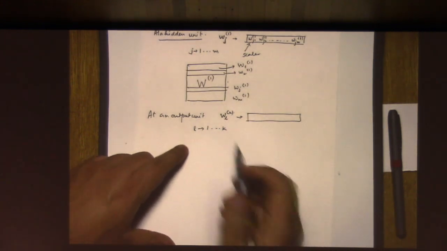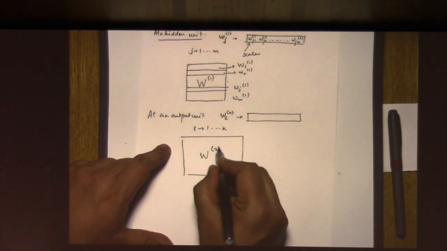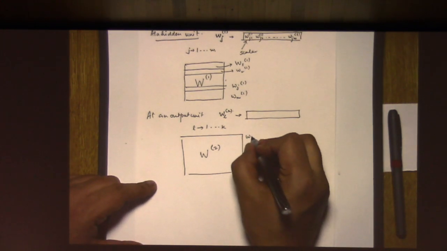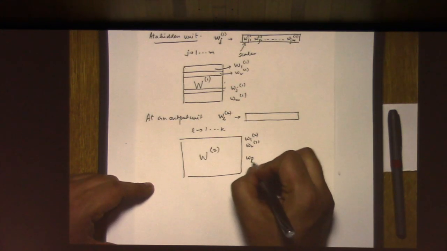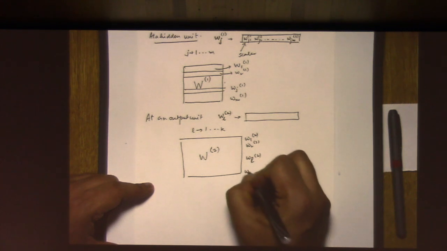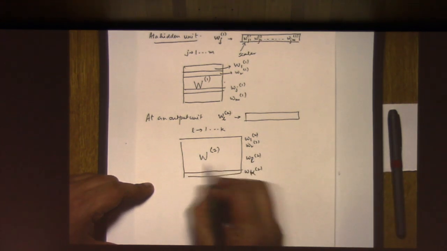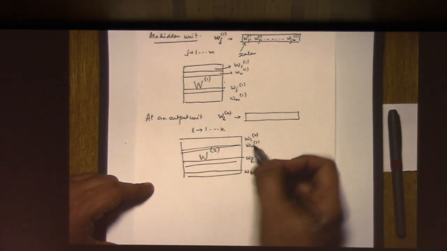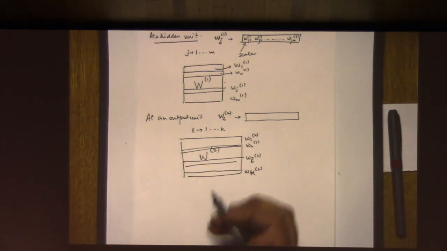So what we do here is we represent this as another matrix, W of 2, okay? And again, this is the same thing. Each row, this will be W1 of 2, W2 of 2, WL of 2, and this would be WK of 2. Each row is a weight vector associated with the Lth output unit, right?